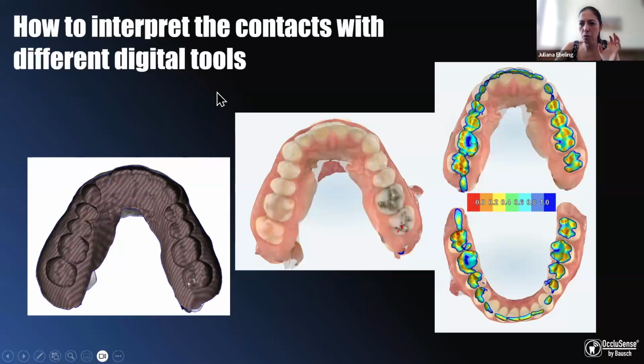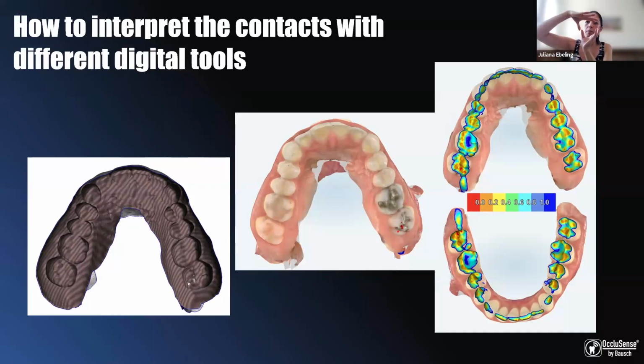When I go to digital tools, what do we have? Here it's Meshmixer Analyze, and I can look and check the contacts with the meshing of the meshes. I have two static meshes when I register.